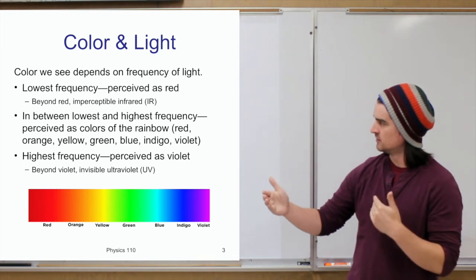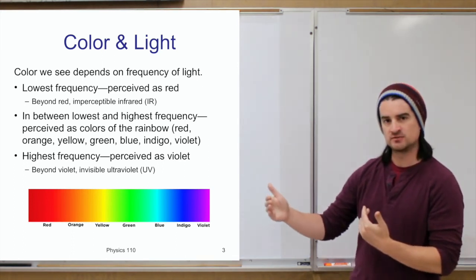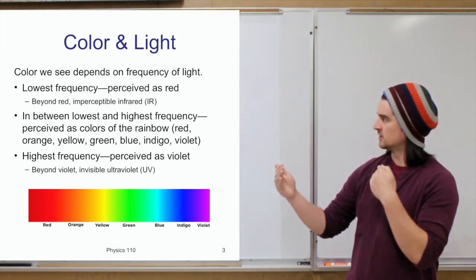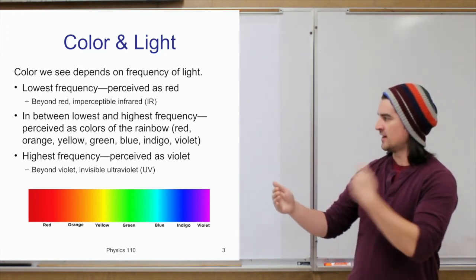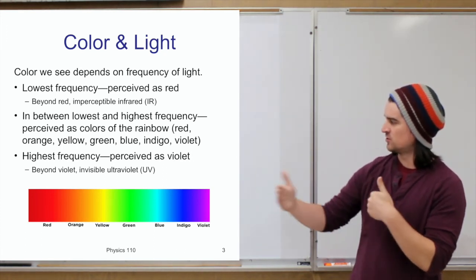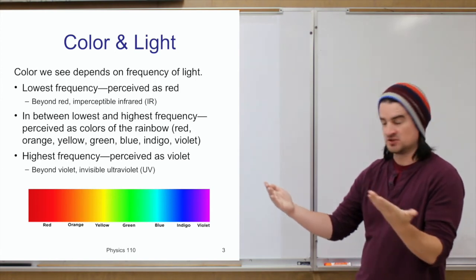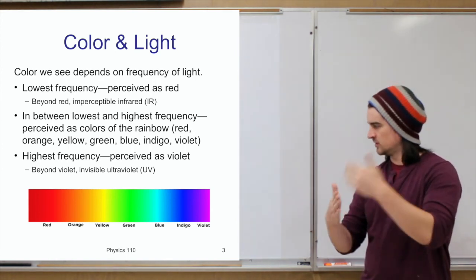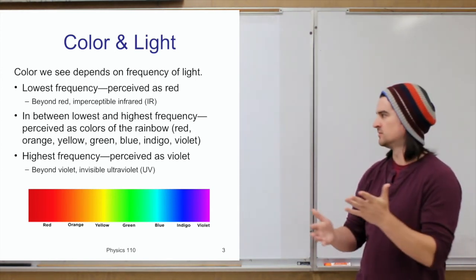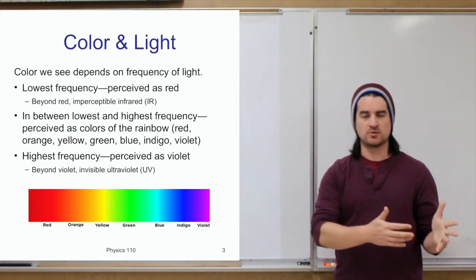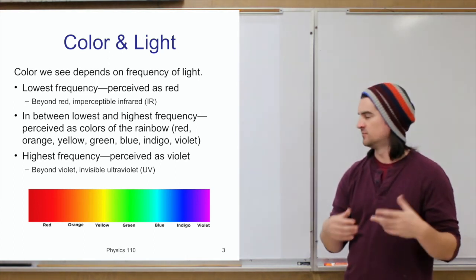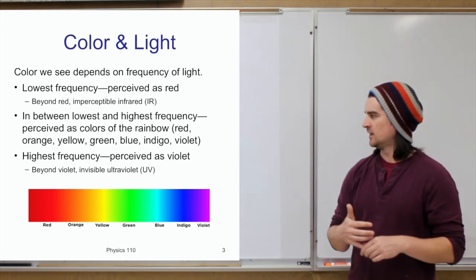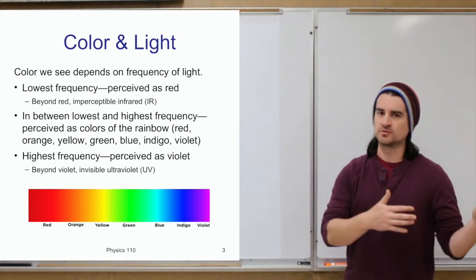In between the lowest frequency of color, red, and the highest frequency, there are all the ones in between. It's just like the rainbow. It is a rainbow: red, orange, yellow, green, blue, indigo, violet. Violet is the highest frequency of visible light, and beyond violet is ultraviolet.